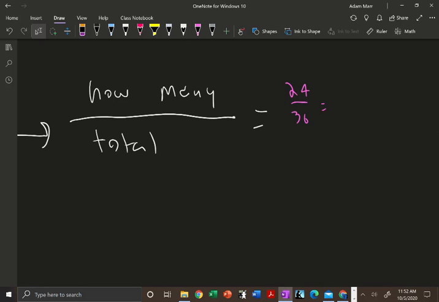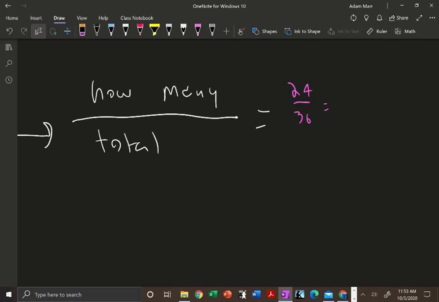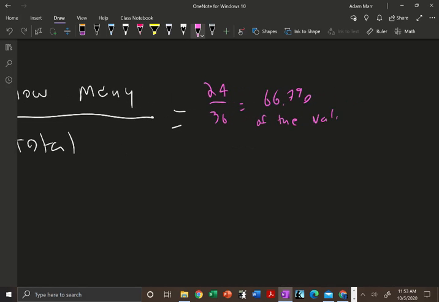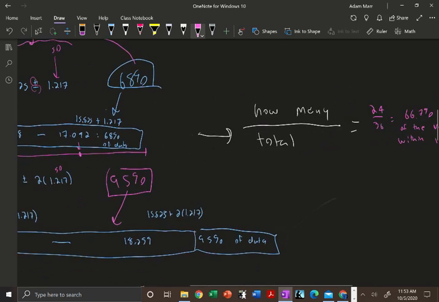That's going to end up being 66.7%, or 0.667. And that comes out to 66.7% of the data, or of the values, are within one standard deviation. Okay?